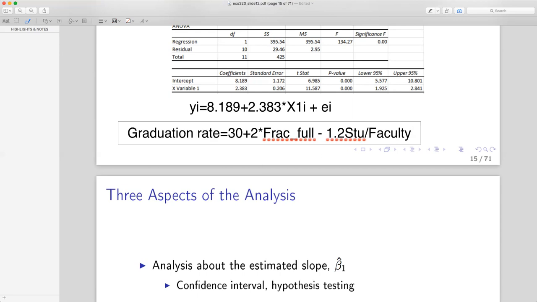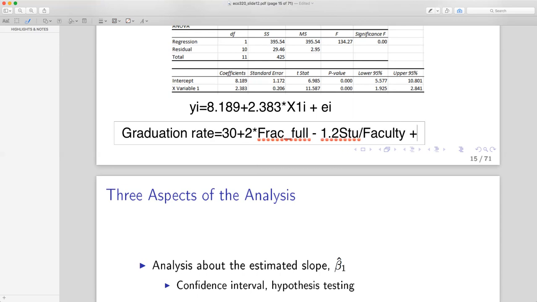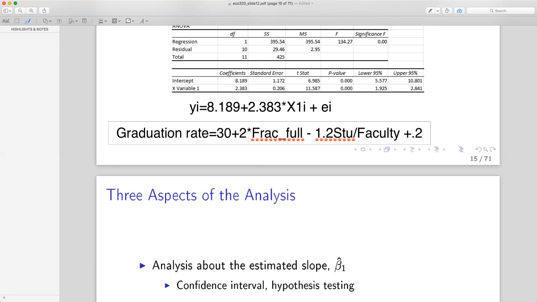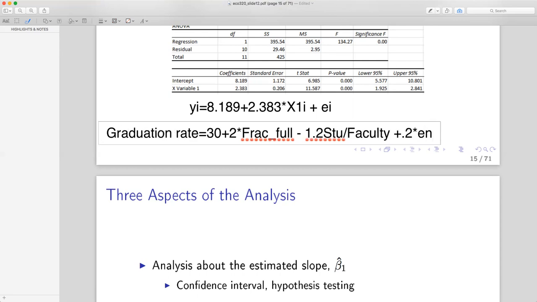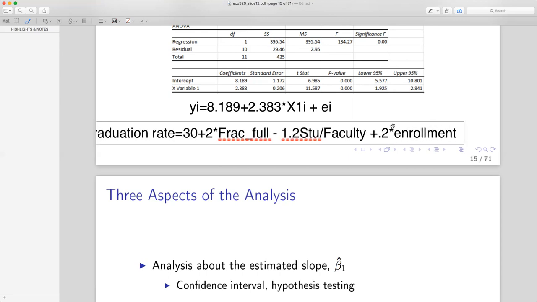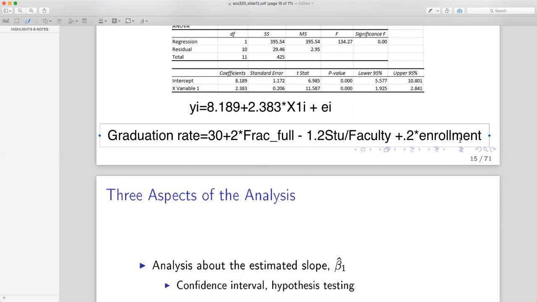Let's imagine, and then just put another term, 0.2 times the enrollment rate or something like that.